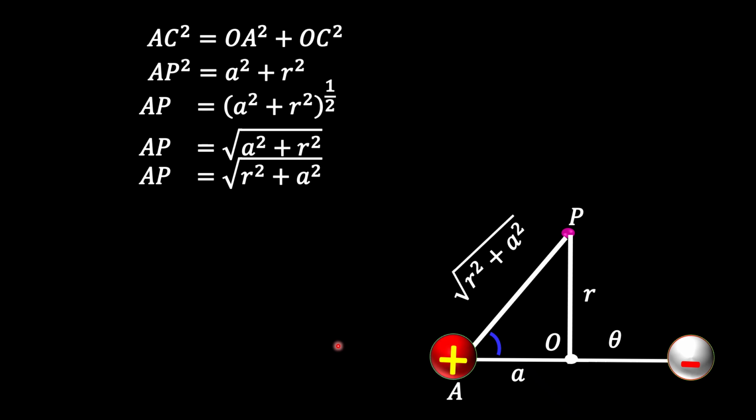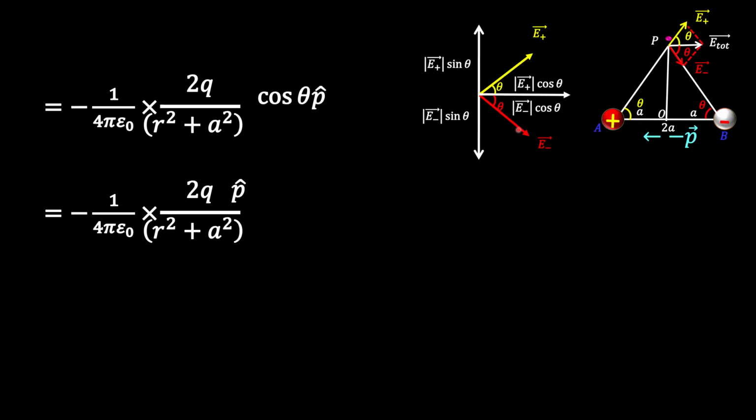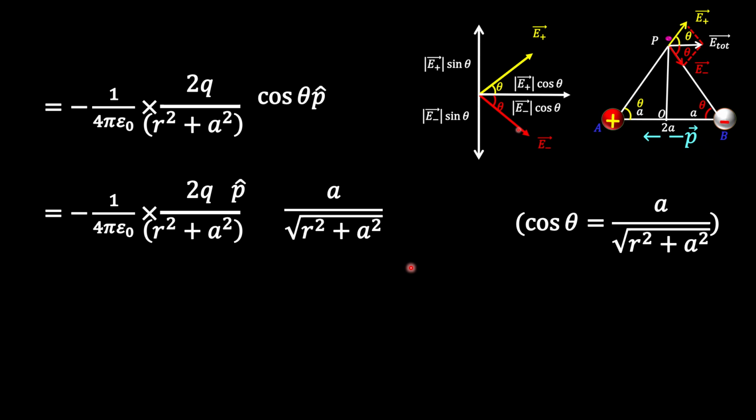Next, we have to find the cos theta value. Using this triangle, we can find cos theta. Cos theta is equal to adjacent side by hypotenuse. Here, adjacent side is OA, that is equal to a. Hypotenuse value we already found. Substituting these two values, we get the cos theta value. Substituting the cos theta value in this equation, we get this one.